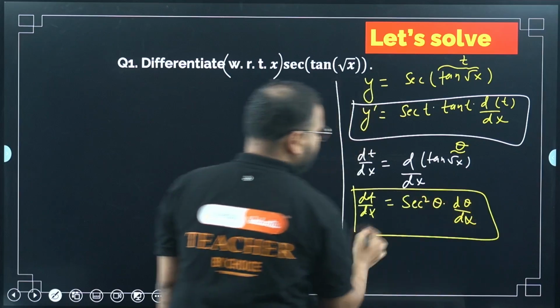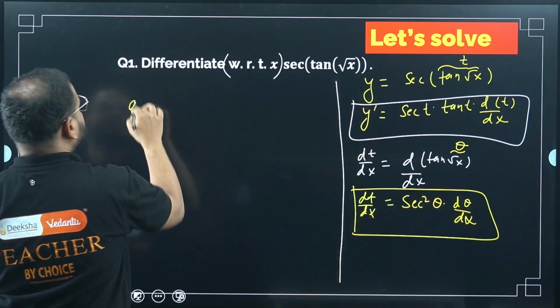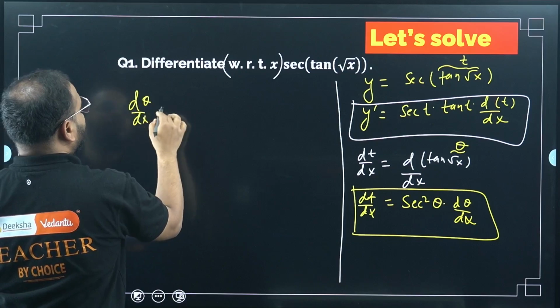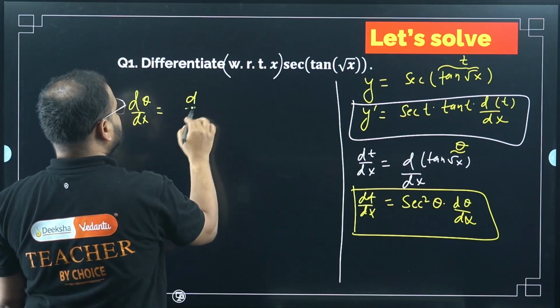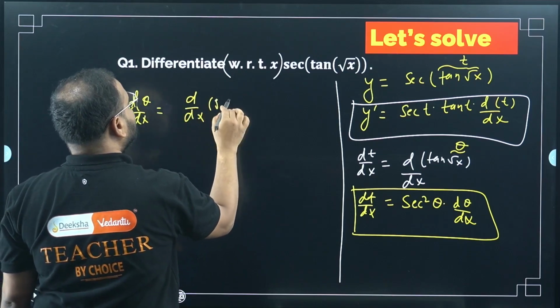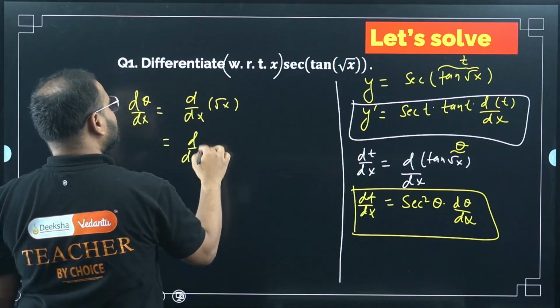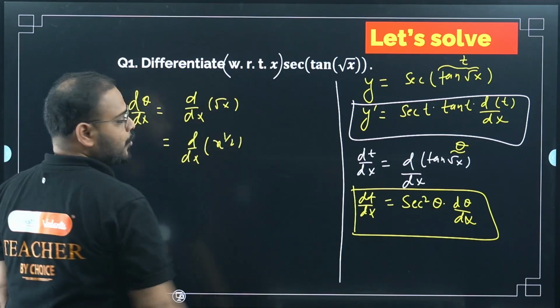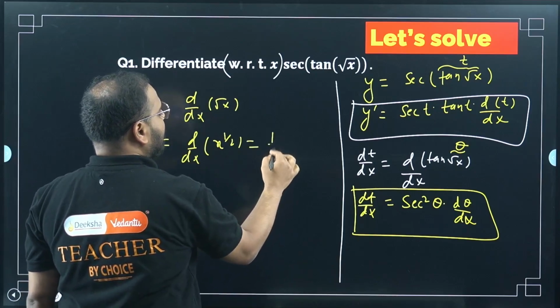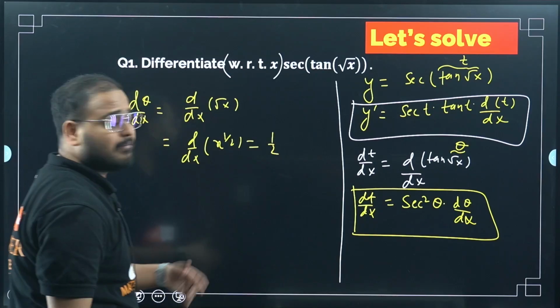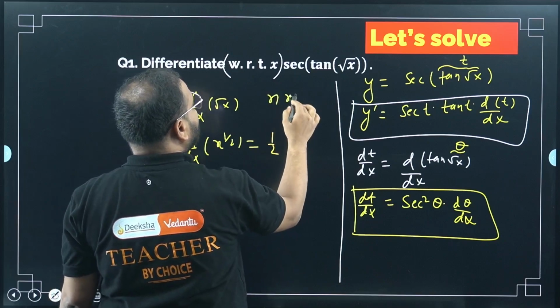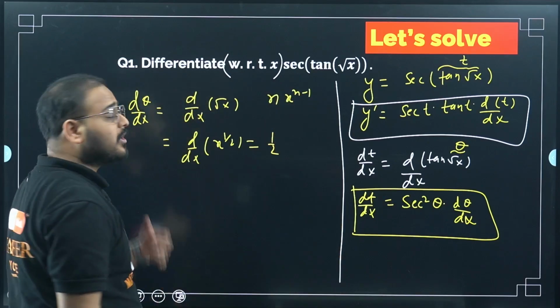Last part is what to be done? d theta by dx. What is my theta, sir? Simply root x. What is the answer? Please check the differentiation of this. What does this mean? 1 by 2. We know this formula: n comes out, n times x power n minus 1, a polynomial function.